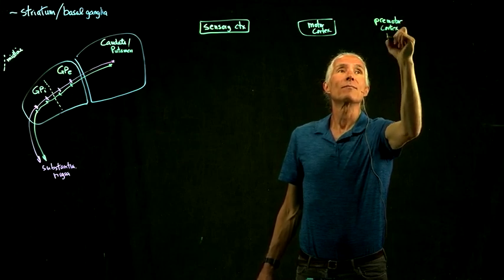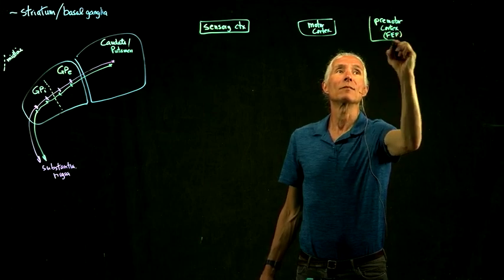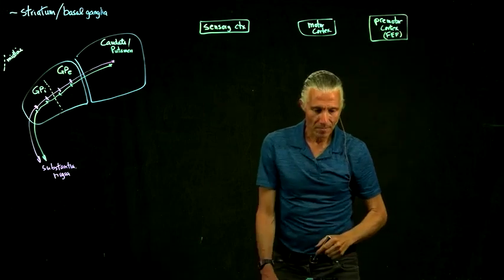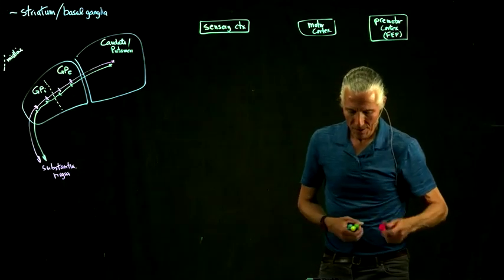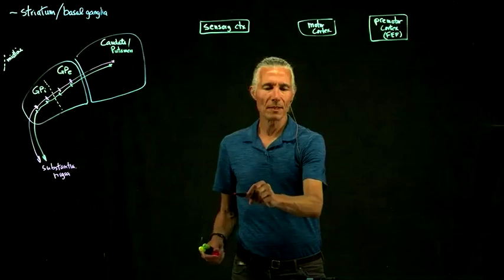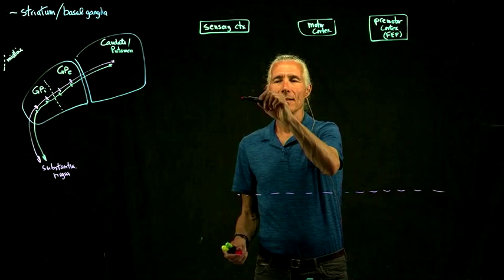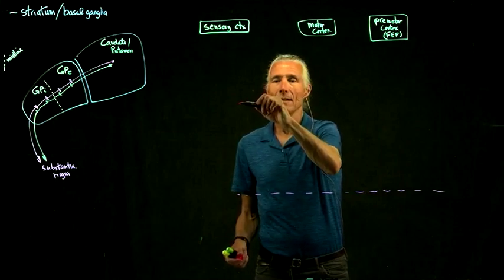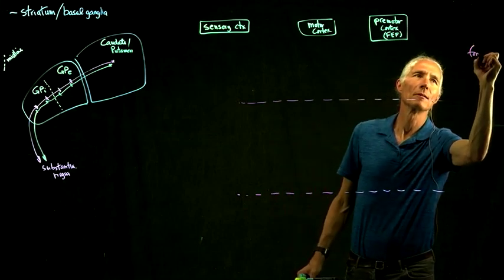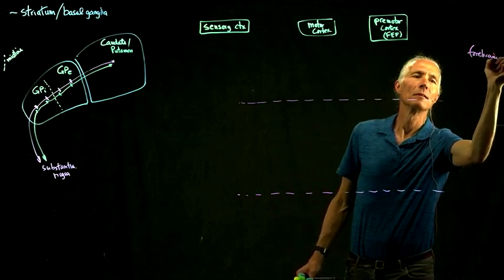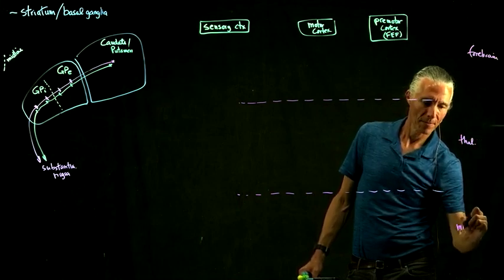An example might be the frontal eye fields, which are involved in controlling eye movements. Let's put little subdivisions in here: the forebrain up here, and the thalamus and midbrain down here.